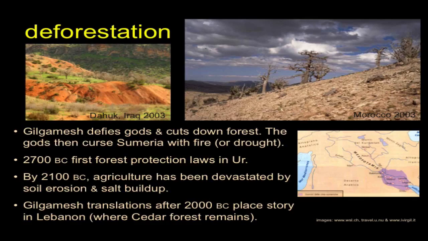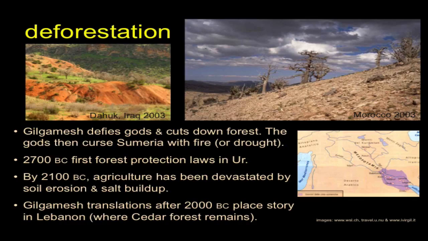So we see the first ever, here's one of our dates you can put down, the first ever conservation law, in this case the first ever forest protection law we know of, was from the city of Ur, U-R, and that was 2700 BC. So this is the era of the Gilgamesh epic.